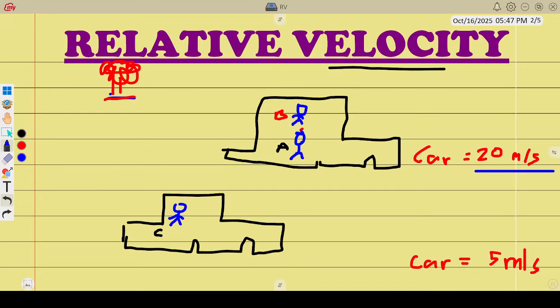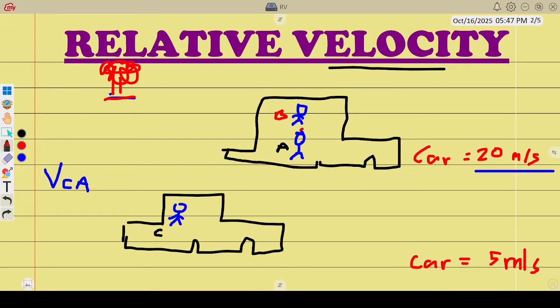So let's say, what is the velocity of C with respect to A? Here it means that when person C is looking at person A, what is the velocity? This car is really moving at 20 meters per second.